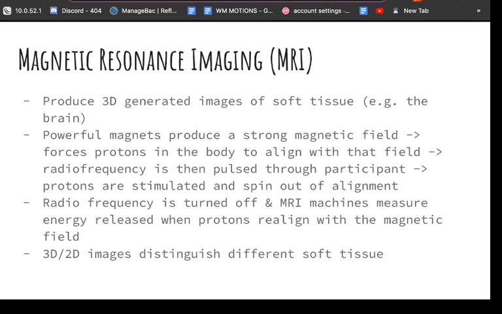From the spin out of alignment, they have different energies coming out, and they record that energy and transcribe it so that it can be translated into the brain structure, very detailed. The radio frequency is turned off, and MRI machines measure the energy released when protons realign with the magnetic field.